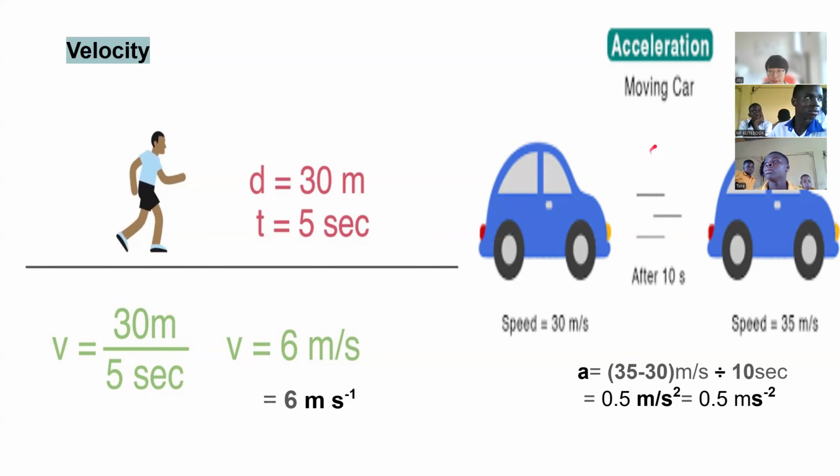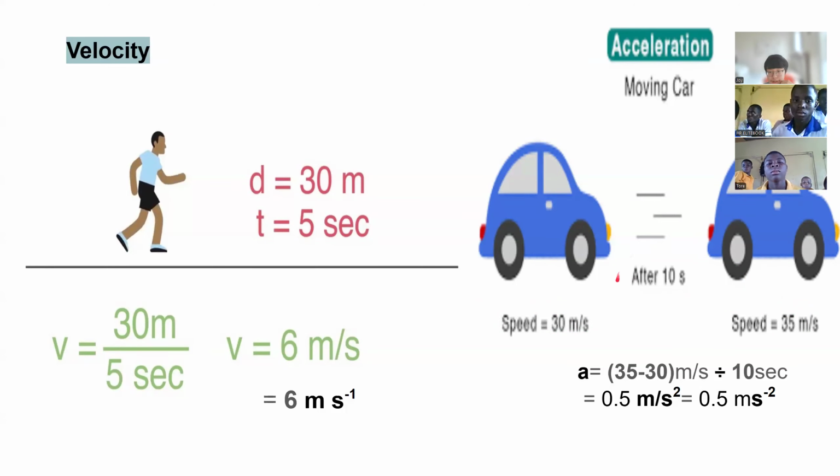If you're asked to calculate the acceleration, for example, here, the car is moving at a speed of 30 meters per second. So we are given the velocity. Velocity is 30 meters per second here, 35 meters per second here. To find the change in velocity, you subtract 35 minus 30, which is 5. And how many seconds have passed?